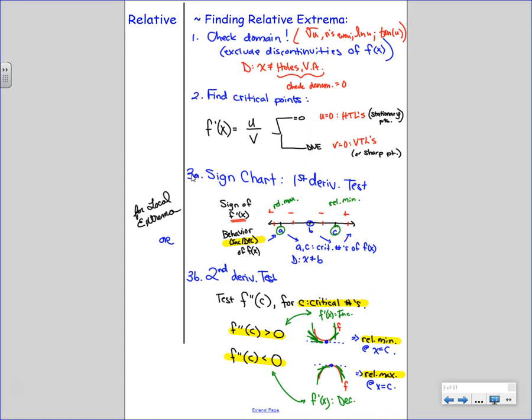If they mix those two, they're not getting any credit, because it means something totally different. Increasing and decreasing goes with the behavior of the original, which is shown by the positive or negative of the derivative. The signs of the derivative indicate the behavior of the original. Very important to have that solid.